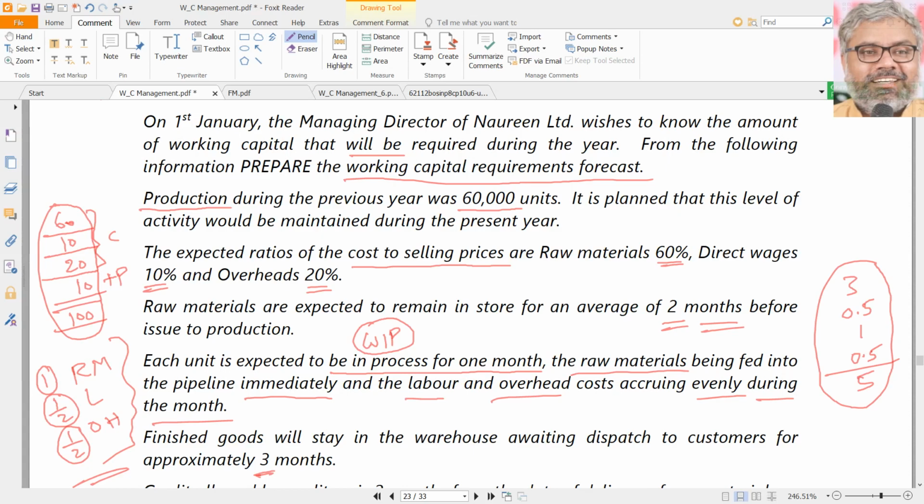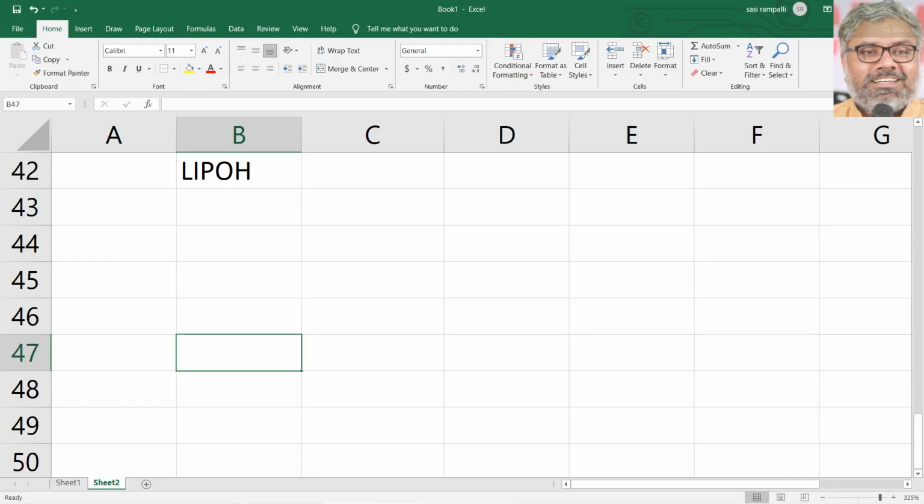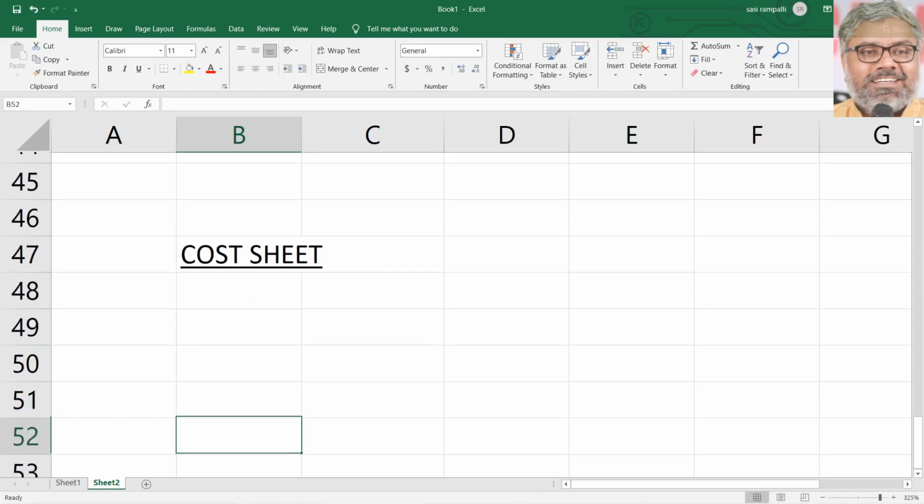Or we can directly calculate if it is comfortable. But preferably, if you have a cost sheet with all the data, that will be much better. Let us take the cost sheet as one of the working notes.